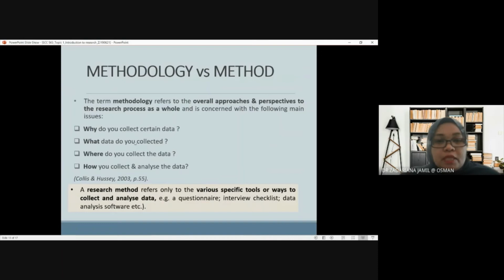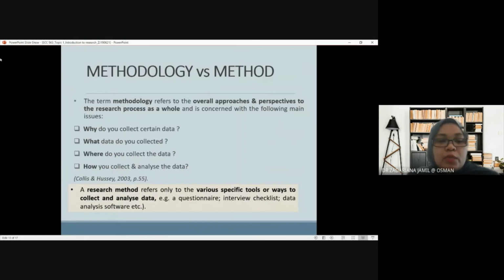So this methodology is actually the whole process of the research, the overall approaches and perspective on the research. You are explaining how you want to carry out the research.